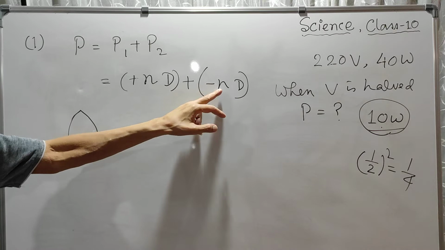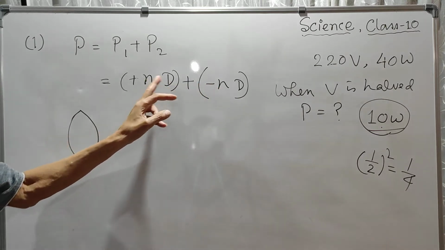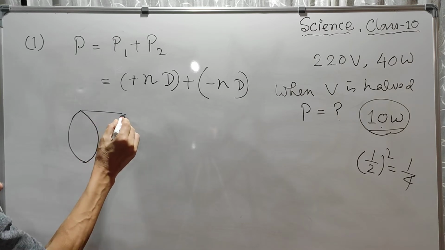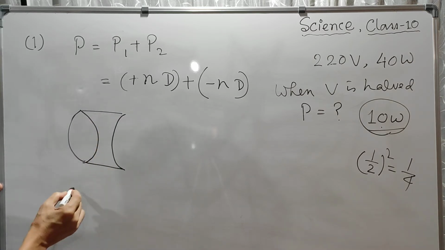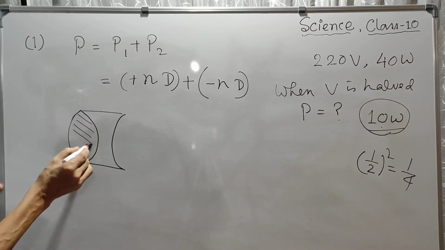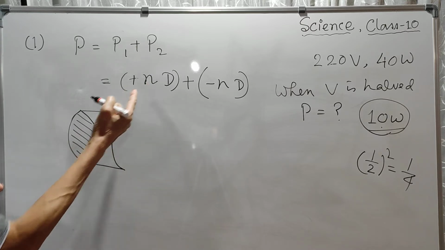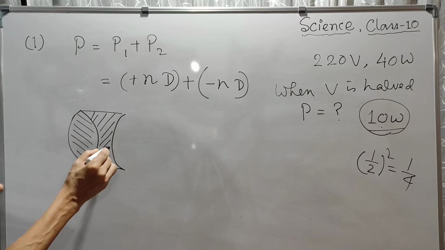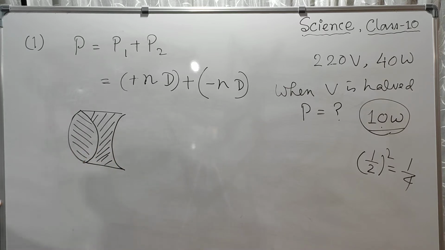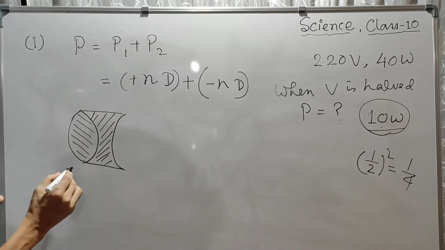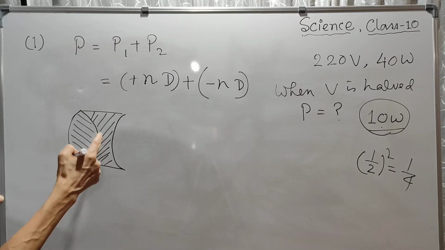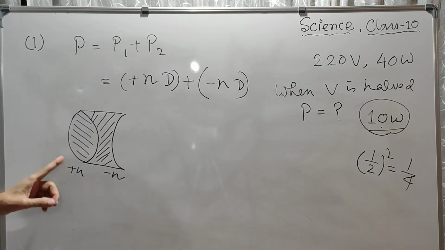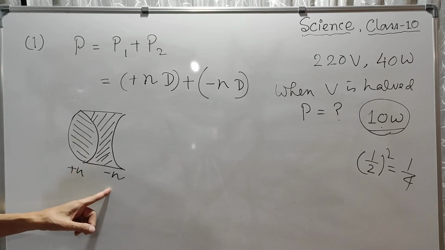So we take same power n but opposite. So this one is the first lens, convex, and this one is the second lens, concave. Power of this one is plus n and power of this one is minus n. Plus n diopter, minus n diopter, all right.